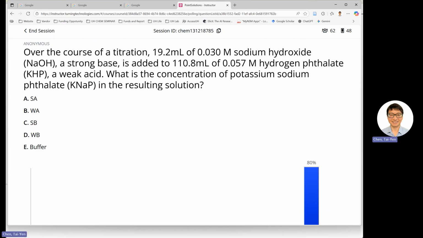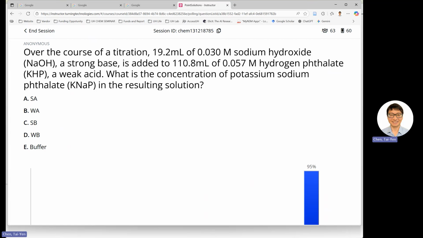Okay, so the answer is a buffer. How do you know it's a buffer? Before you can answer that question, the first thing is you need to know what your titrant is and what your analyte is. What's your titrant? Sodium hydroxide.